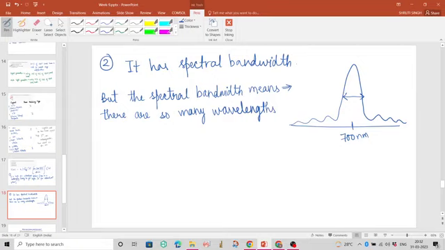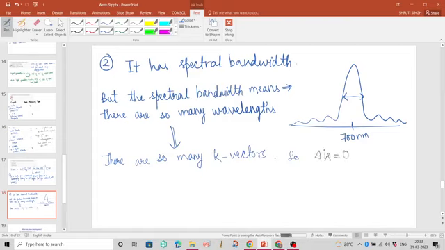Spectral bandwidth means there are so many wavelengths, and this implies that there are so many k vectors. And delta k has to be 0 for each of them.